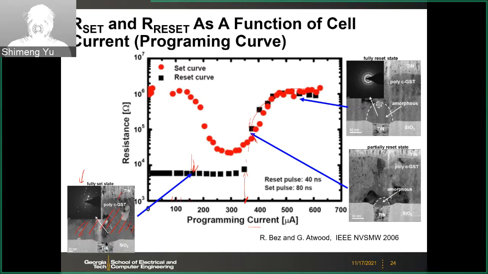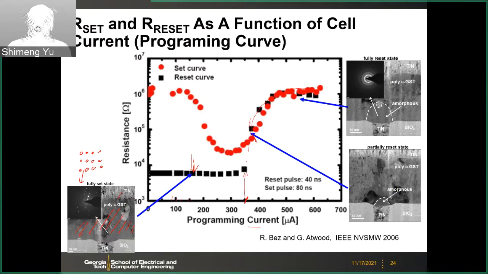When you shine the electrons into this material, and the material is in the crystalline phase, that means the atoms are arranged in this ordered pattern.